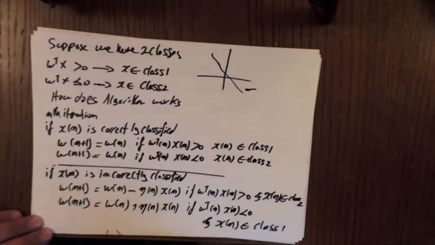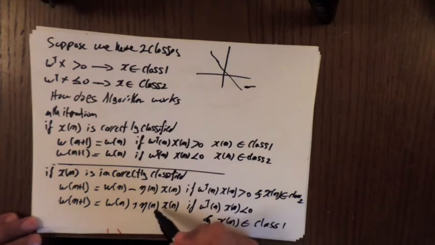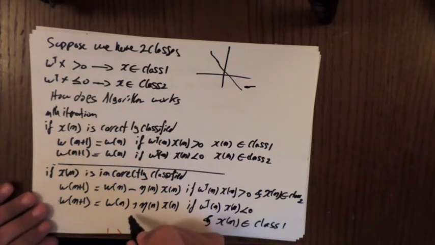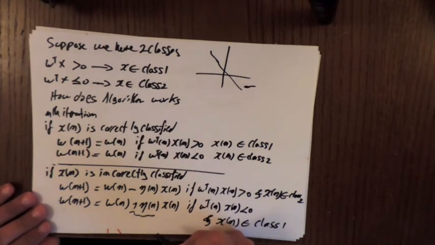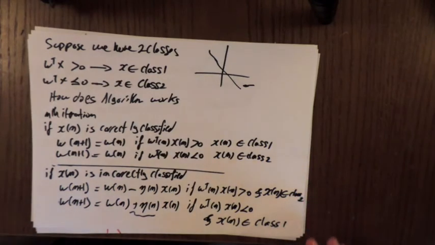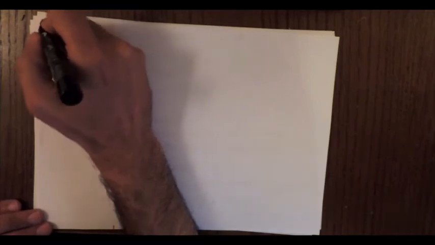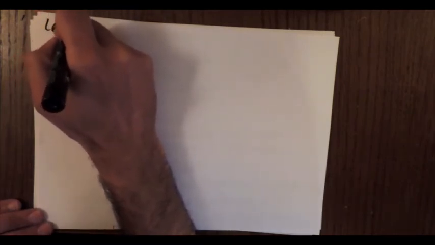However, we wanted to increase it so that it can be correctly classified in class 1. This is why we add the value of x of n. Here, the learning parameter is just how fast our algorithm is going to operate. We want big steps, we want small steps. So of course, the choice of eta is very important. Let's discuss the learning parameter.